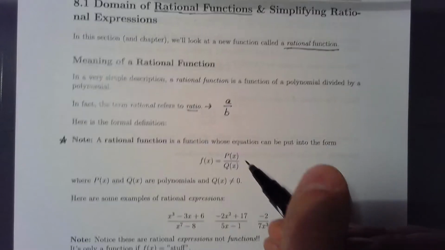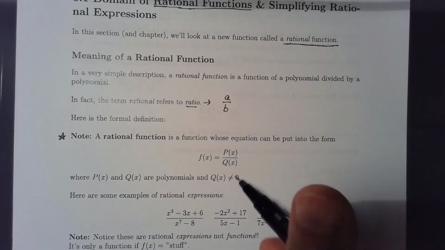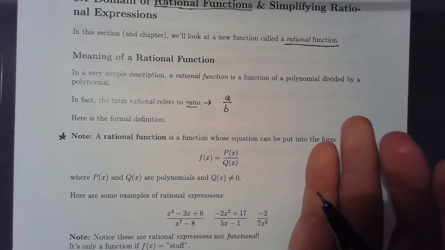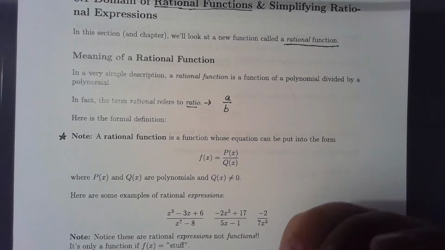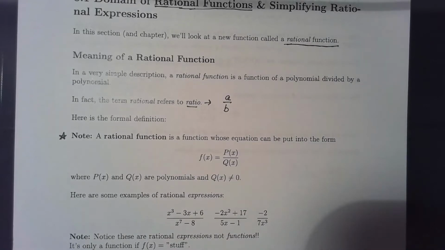And P and Q are just polynomials. So that's all a rational function is. It's just a function of a fraction, where the top and bottom of that fraction are polynomials.